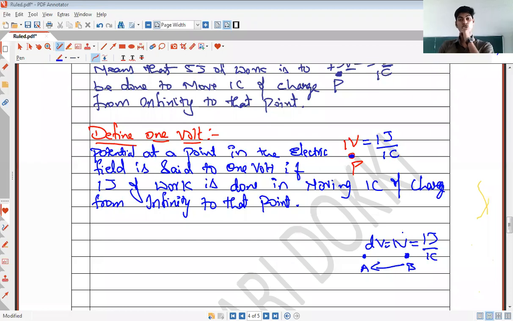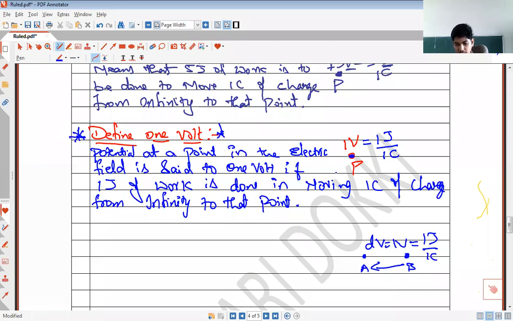Very good. So the idea of potential and potential difference should be clear. This is an important 1 mark question. Define 1 volt.